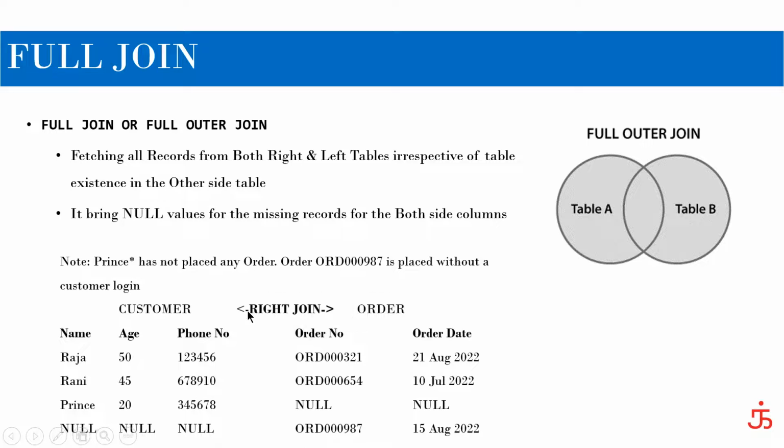And if you see, we are going to see both the Prince record here and the null records on the right side. Similarly, the order information for the one-time customer will show null for the customer information, because there is no data in the customer table. And the syntax is pretty much the same, except that the full keyword is being used here.